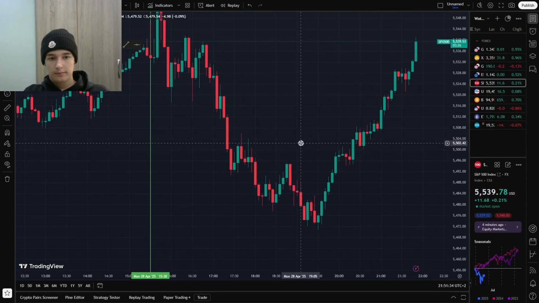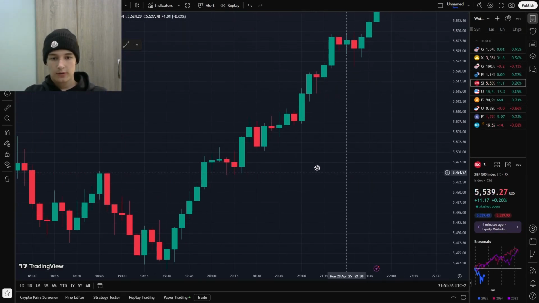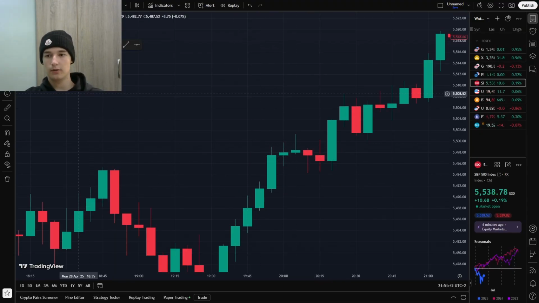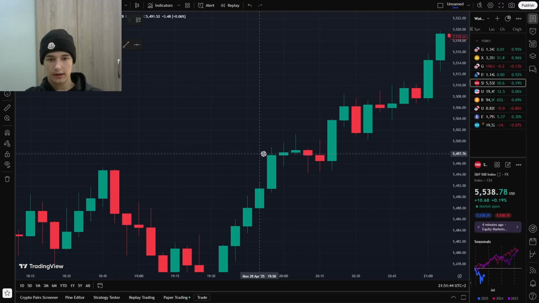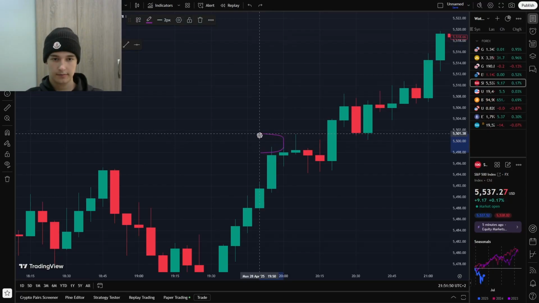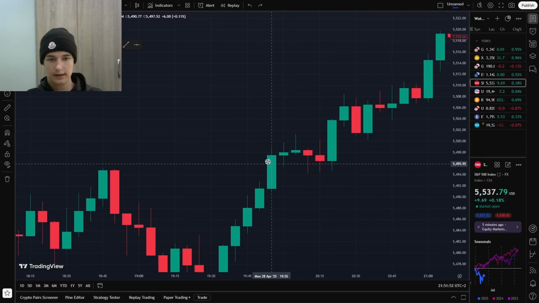Now we saw the candles. I need to explain what to look out for in candles. Candles have a wick, which is the smaller green or red part here, and this is the body of the candle.